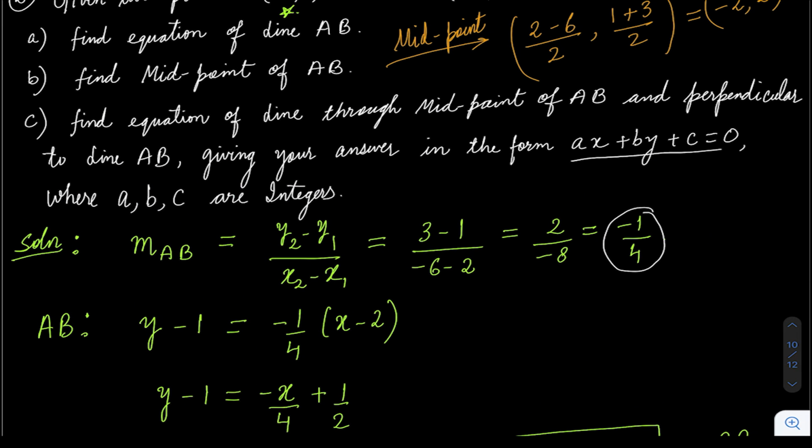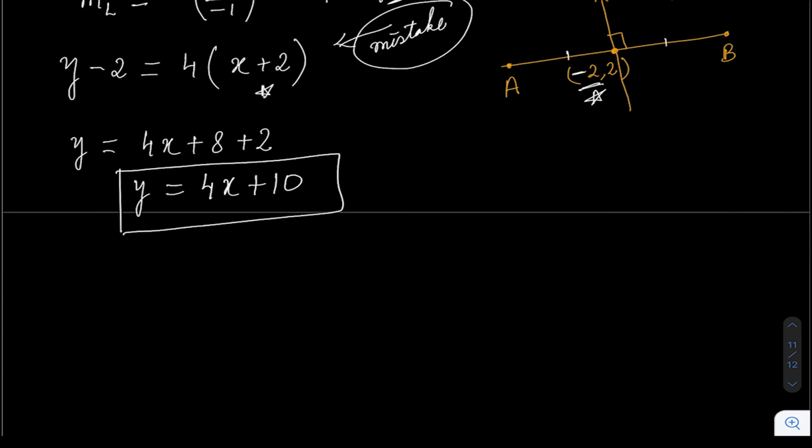Now, all they want us to find is to write it in the form ax plus by plus c. So basically all terms should be on one side and a, b, c should be integers. So we will take everything to the right side.